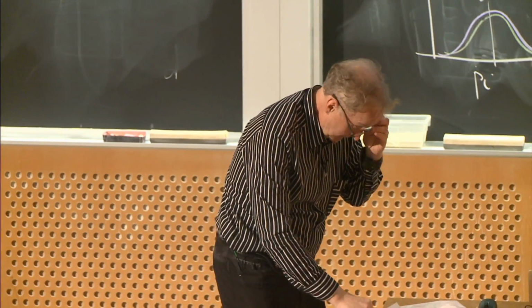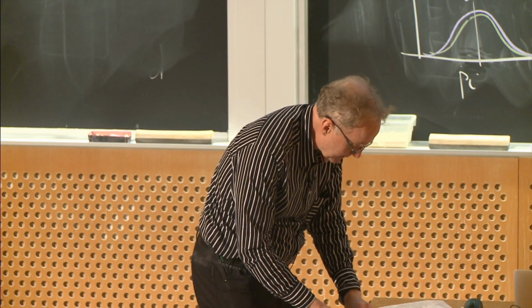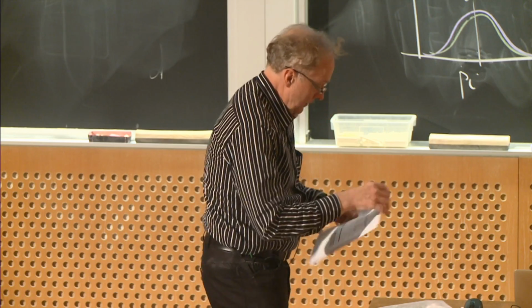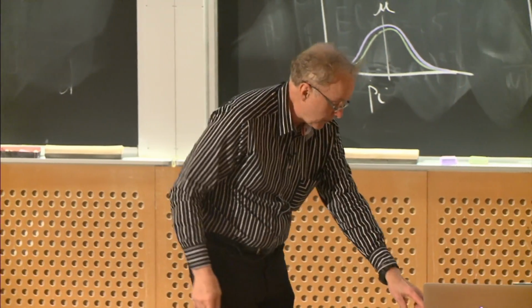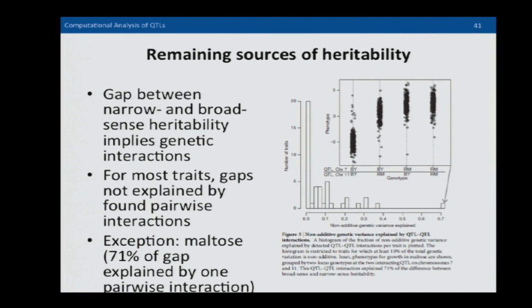So when they did that, they did find some pairwise interactions. And 24 of their 46 traits had pairwise interactions. And here's an example.